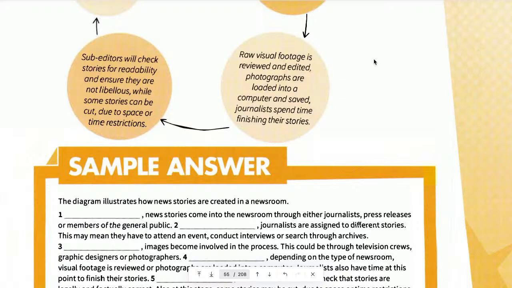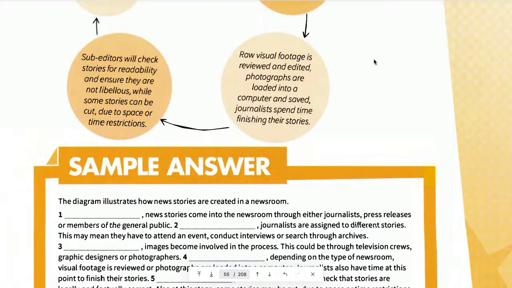Now if you take your phone, your smartphone, and you film someone and you don't adjust anything, that is your raw visual footage. Got it? Okay, easy. Now, raw visual footage is reviewed and edited.